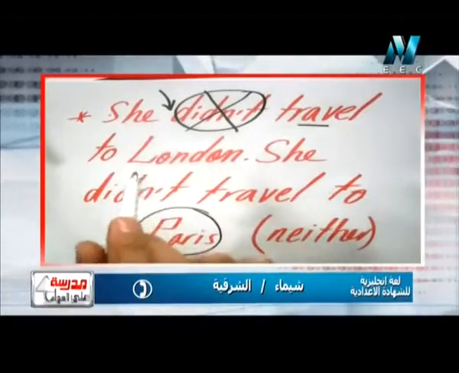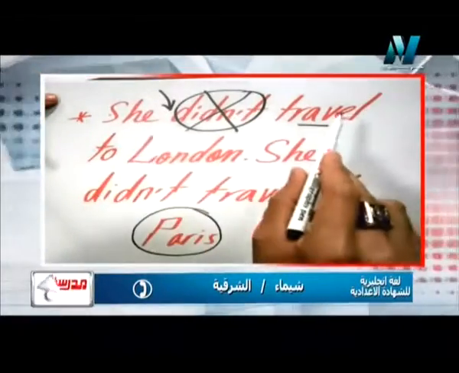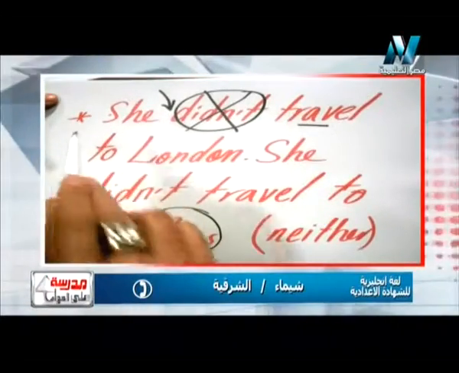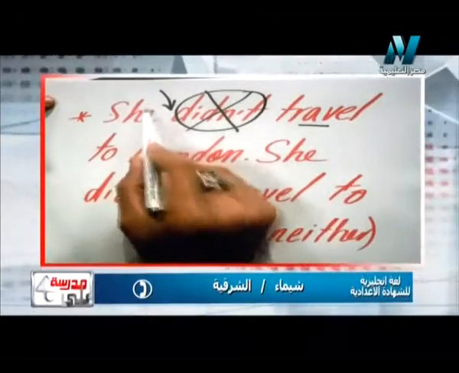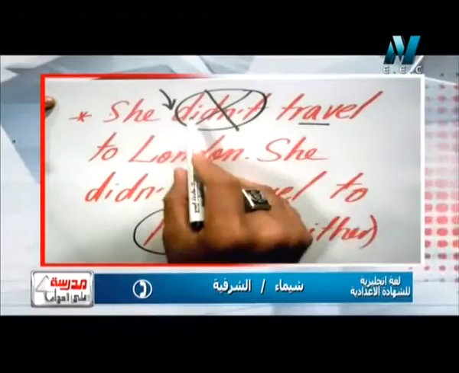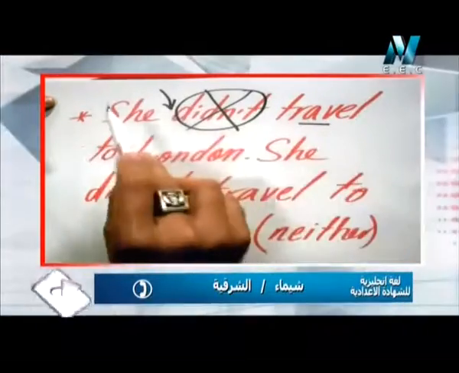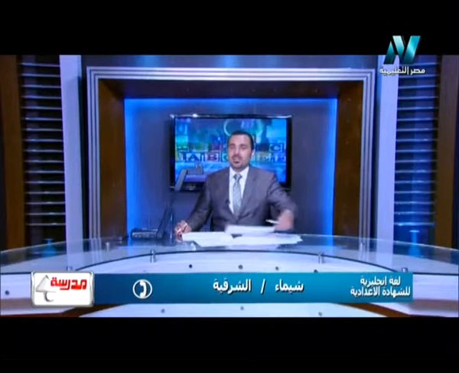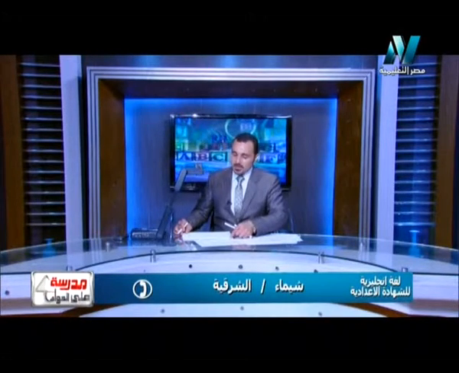And we have another answer, which can be she traveled neither to London nor to Paris. Okay, thank you, Shaymaa. And now I'm going to draw you a beautiful star.